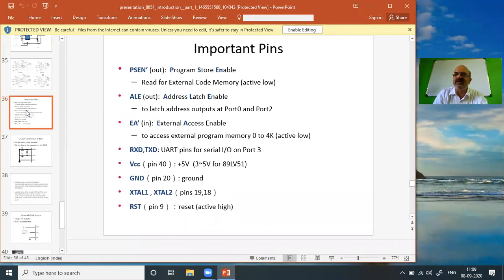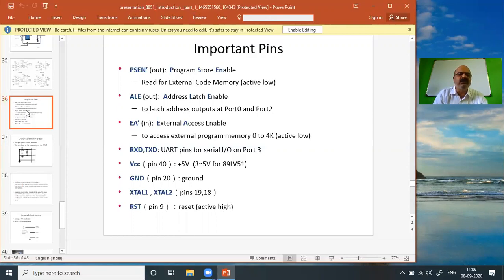The meaning is like that. So if the EA signal is grounded, then your internal memory is not used by the microcontroller. All the external memory will be used. If your EA signal is held high, connected to VCC, logically high, then microcontroller understands that you want to use internal memory, the internal ROM memory, 4 kilobytes. That is the meaning of this EA pin.